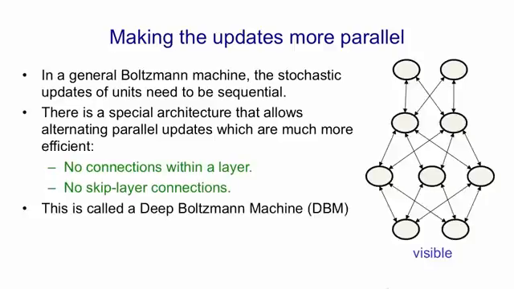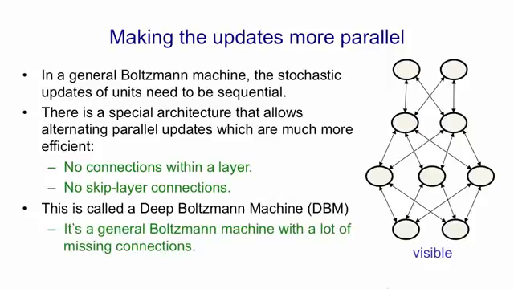So the architecture looks like this. We call it a deep Boltzmann machine, and it's really a general Boltzmann machine with lots of missing connections. All those skip layer connections, if they were present, we wouldn't really have layers at all. It would just be a general Boltzmann machine.